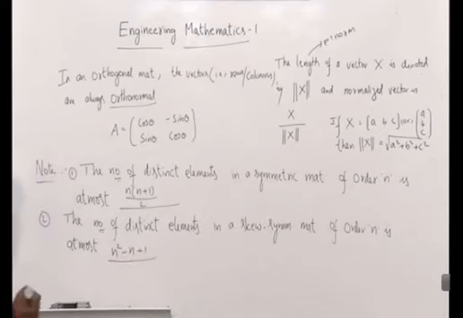Please check this one. Take any 2 by 2, 3 by 3 skew symmetric matrix later. This is the maximum number of different elements. At most means the maximum number of them.